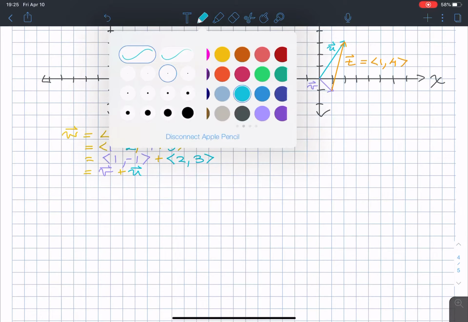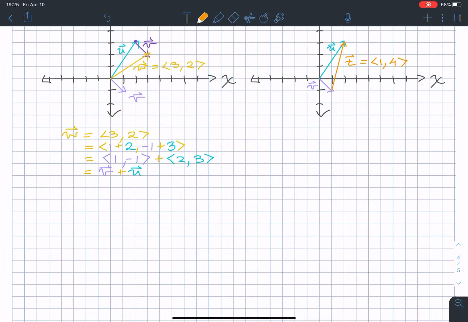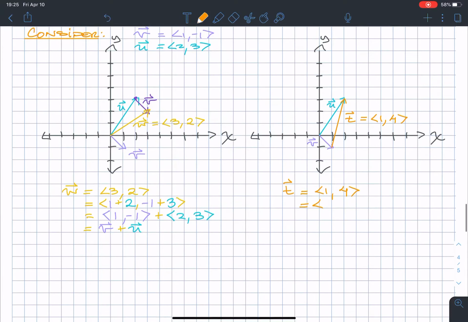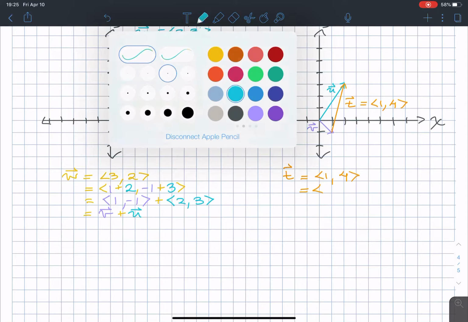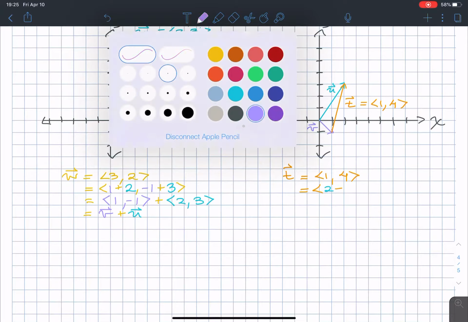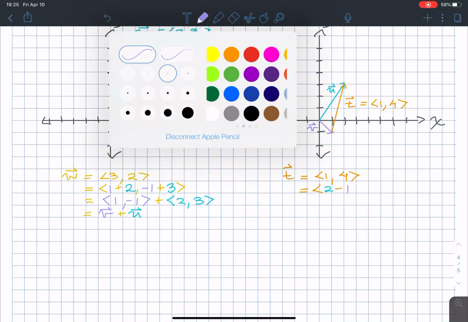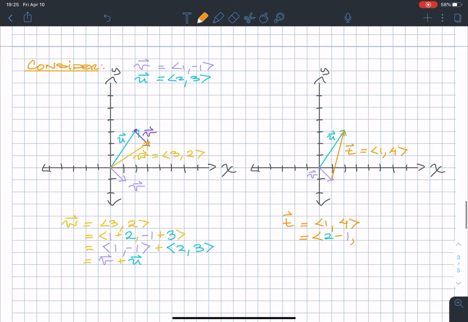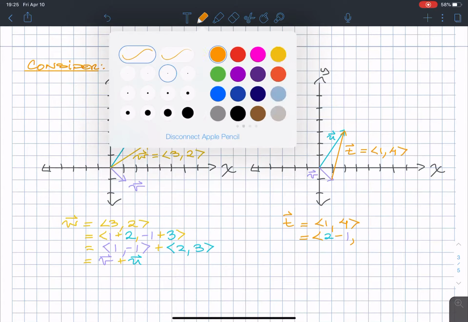Now let's go over to this vector t. See if we can do the same type of analysis. So we get that t is 1, 4. So I claim that I can rewrite 1. Well, 1 is 2 minus 1. 2 minus 1, comma. I claim that 4 can be written as 3 minus -1, or plus 1.